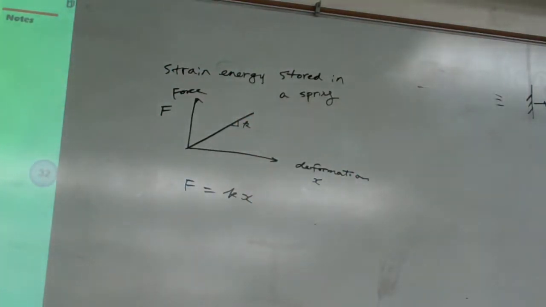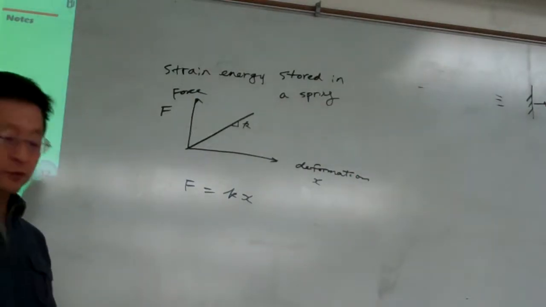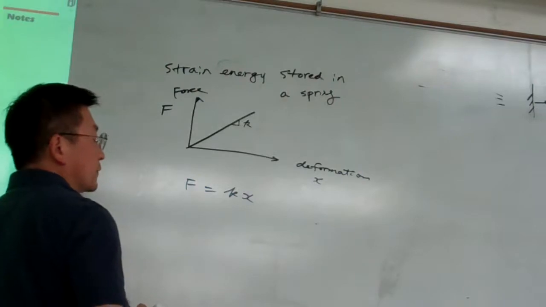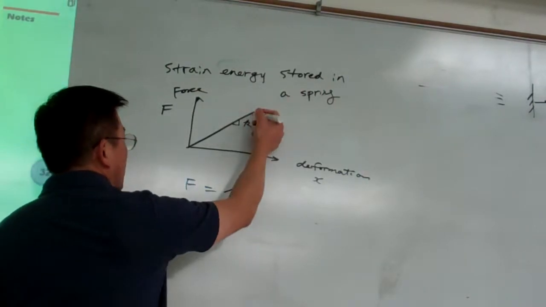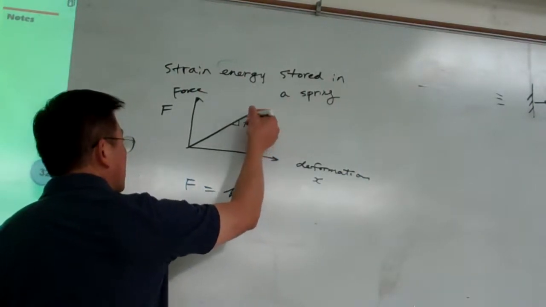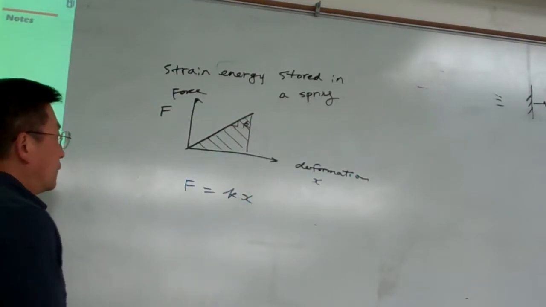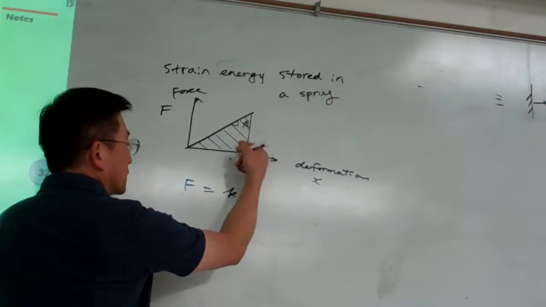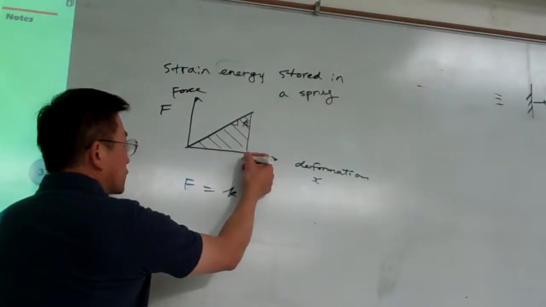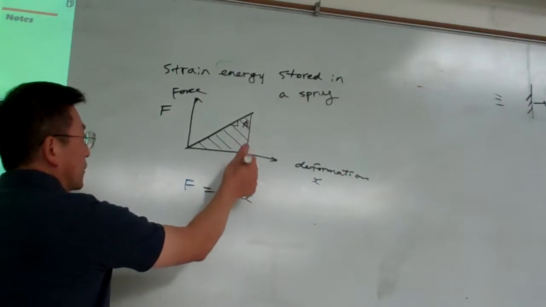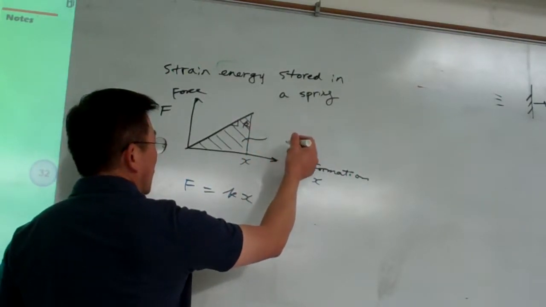So the more you stretch, the more energy you store. The strain energy is described by the area underneath the line, under the curve. If you stretch the spring to any arbitrary position, this area is equal to how much?